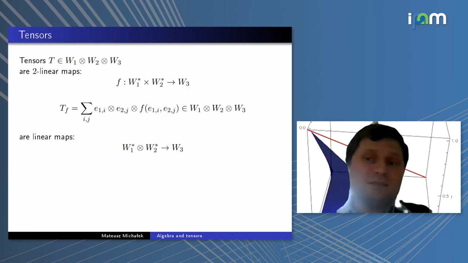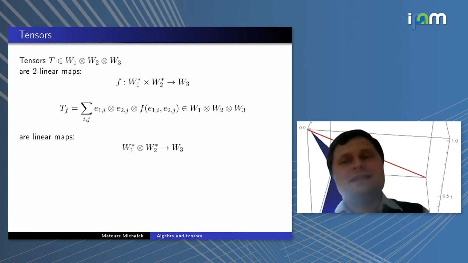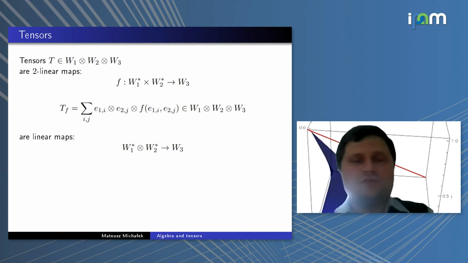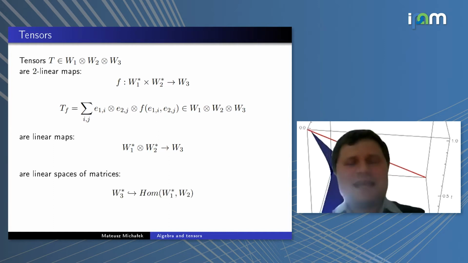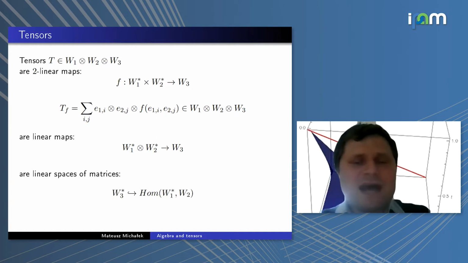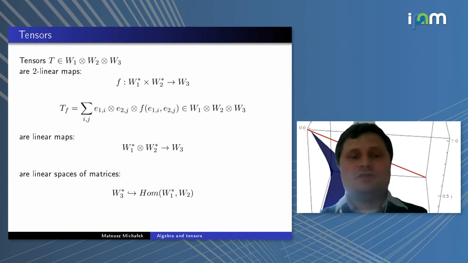If you have a double tensor product, you can identify it with a space of matrices of homomorphisms, just linear morphisms. And like that, we can say that the tensor is just a map from a vector space to the space of morphisms, so a linear space of matrices.